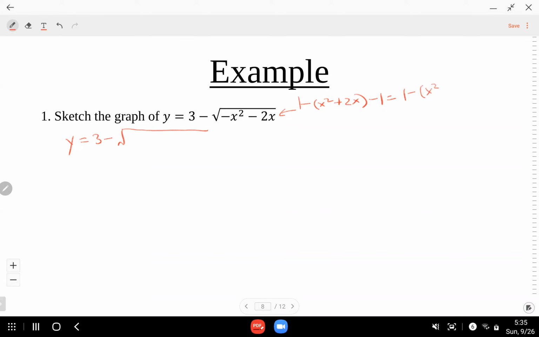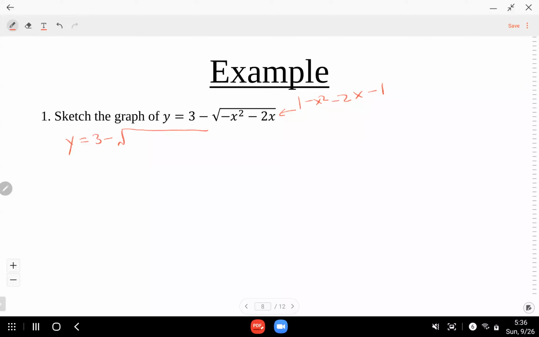Oh wait, never mind. What is this? Let's not add the parentheses first, it should be easier to see that way. Oh yes, it is 1 minus, yeah.